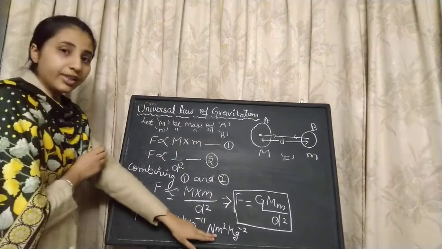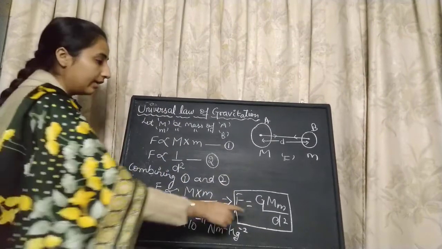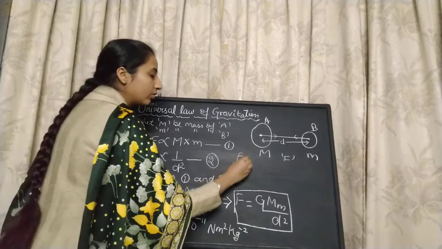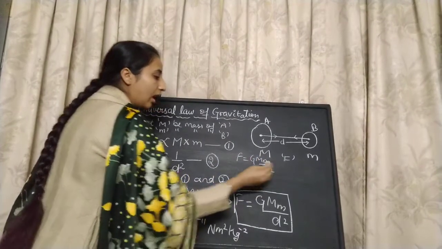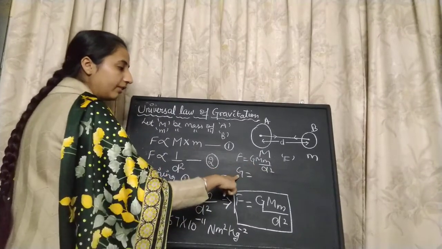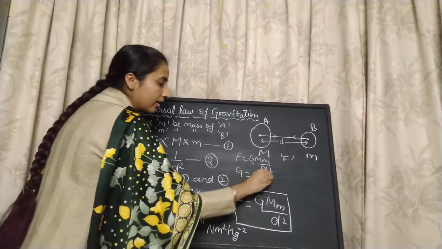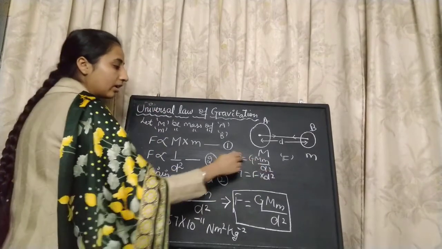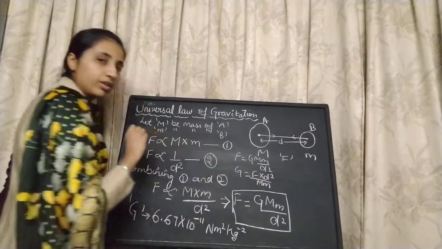How have I calculated the unit from this formula? If I apply the formula F is equal to GMm upon d square, now, bringing G to one side, the d square will come to the other side and the masses will come in the denominator of this equation.